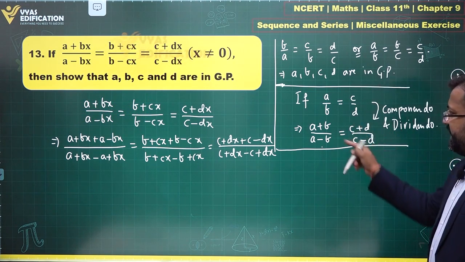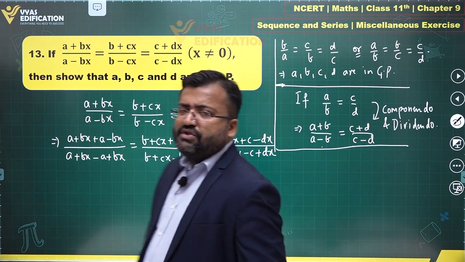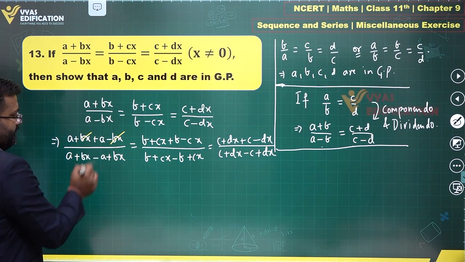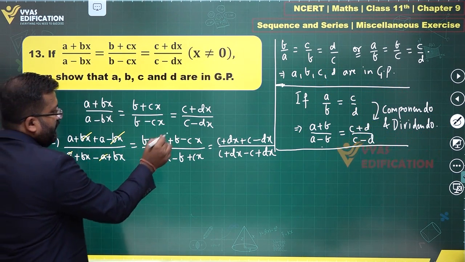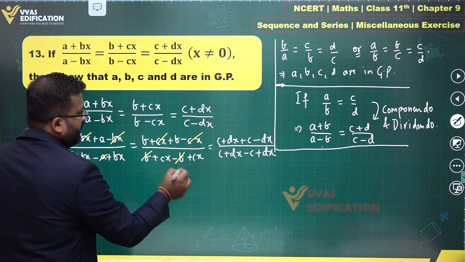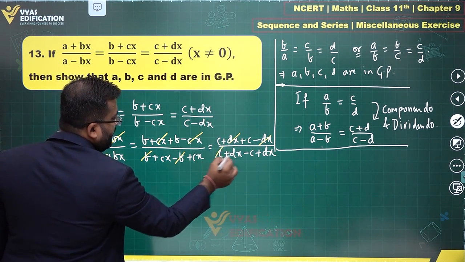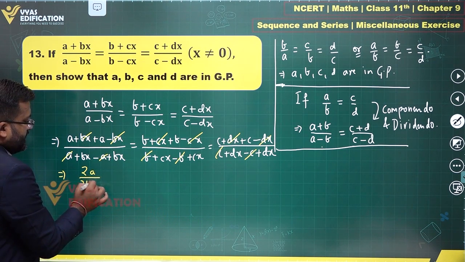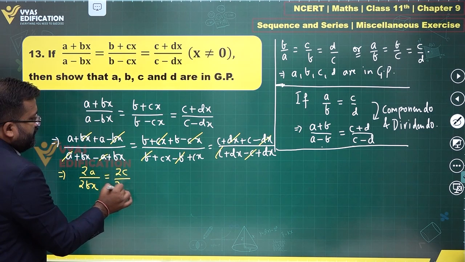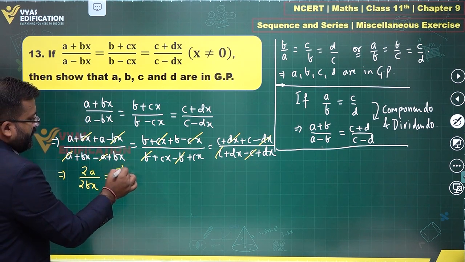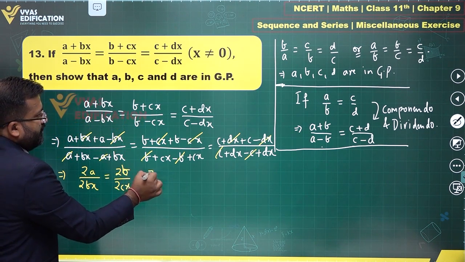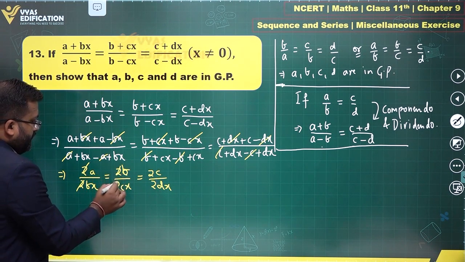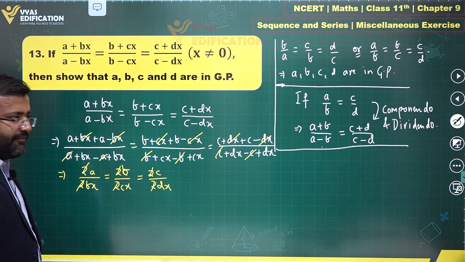Now, after applying this step, do you see that certain terms will get cancelled, in the numerator and in the denominator? What are we left with? 2a/2bx, 2b/2cx, 2c/2dx. I cancel 2 and 2 from the numerator and denominator.